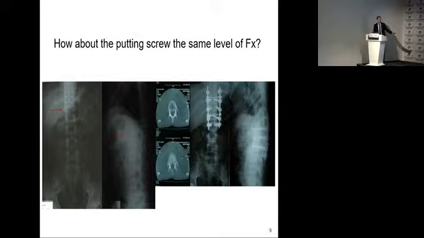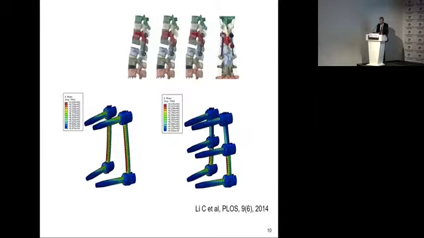In order to get more anchor, he also put upgoing and downgoing hooks at the ends at the same level, and kept mobile segments in the junctions. When you look at this article about a finite element model, comparing putting the pedicle screw in the fractured level, you can see that these red areas are the von Mises colors, which mean the concentration of biomechanical stress.